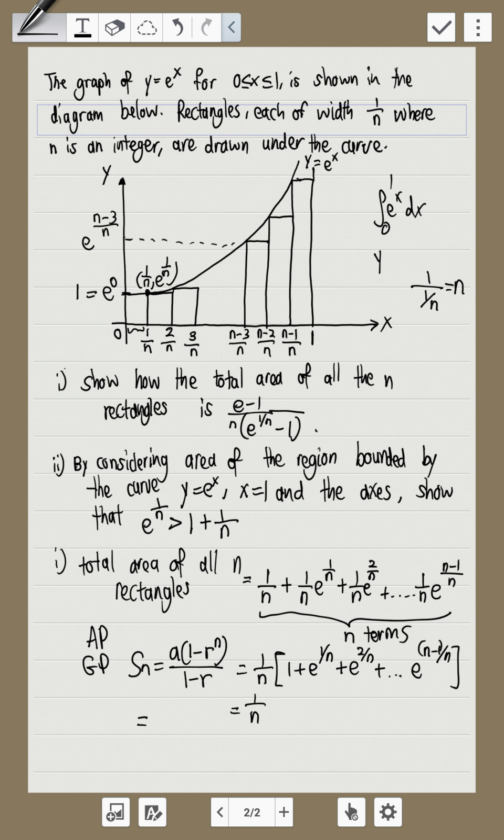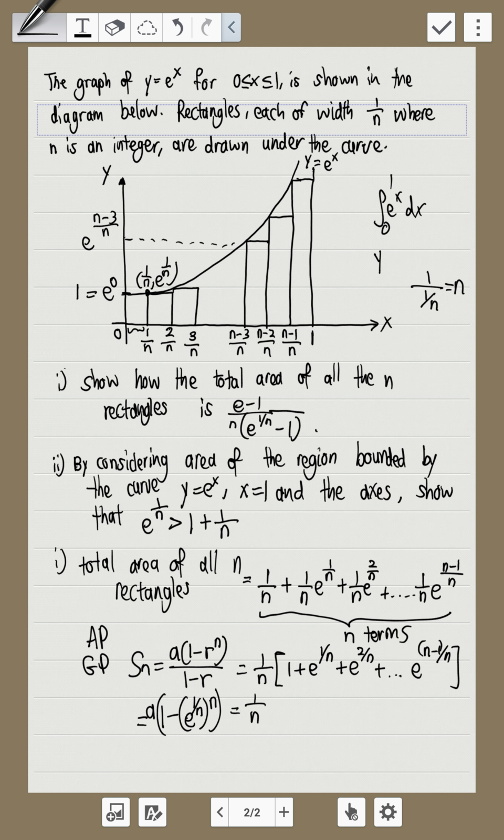So what's my common ratio? I've just now already obtained it. It is e to the power of 1 over n. So e to the power of 1 over n, to the power of n. Right, that's substituting e^(1/n) into my r.